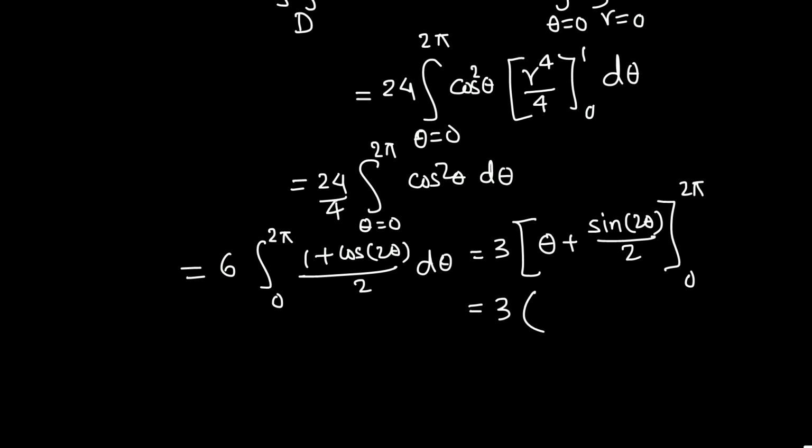Let's plug in the upper limit: 2 pi plus sine of 2 times 2 pi, sine 4 pi, which is 0, over 2, 0. That's the upper limit part, minus the lower limit: 0 plus sine 0 is 0. So basically no contribution. So just 2 pi times 3, 6 pi. Final.